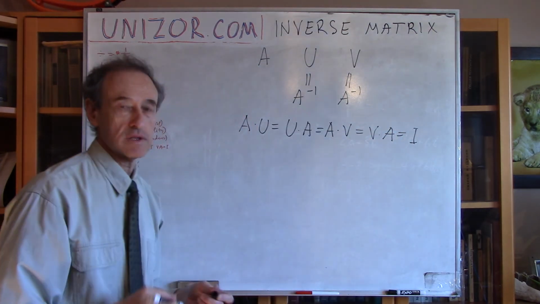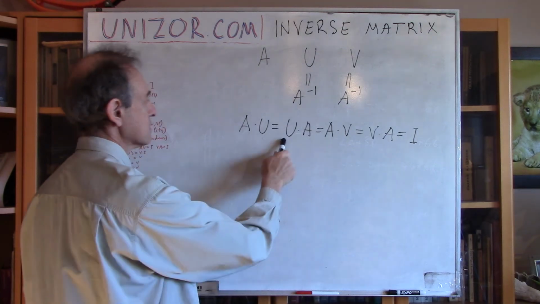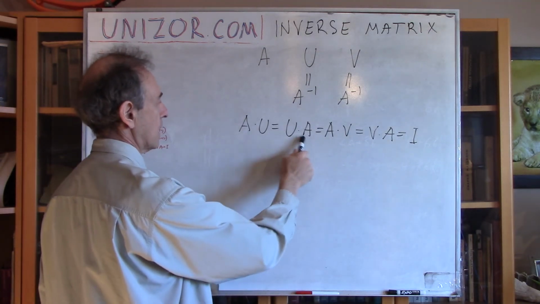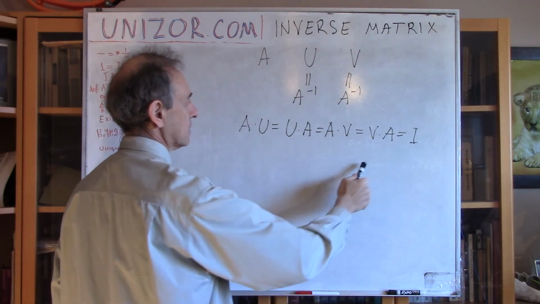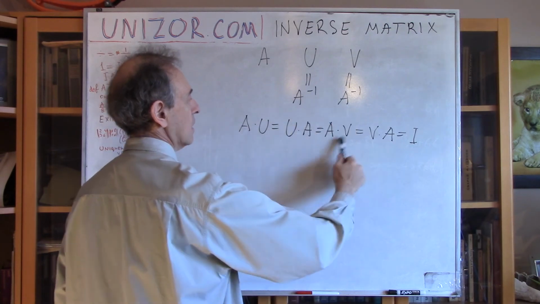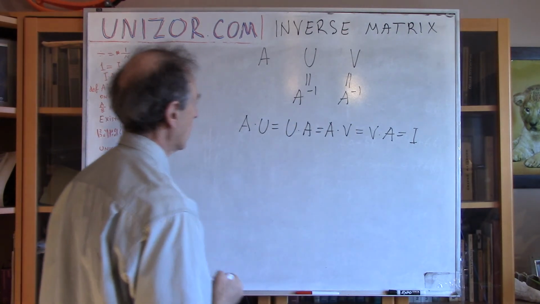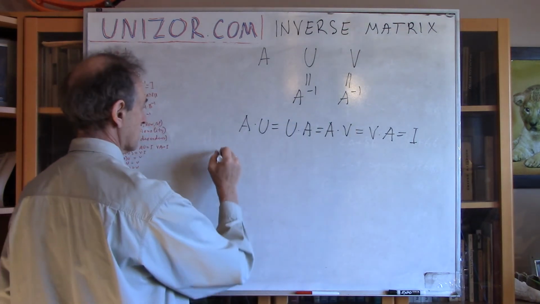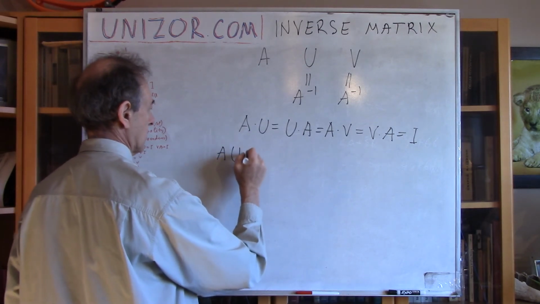That's the definition of the inverse matrix. If U is inverse, then multiplication by A on both sides gives identity, and if V is inverse, the same thing. All right, so let me use this equation first.